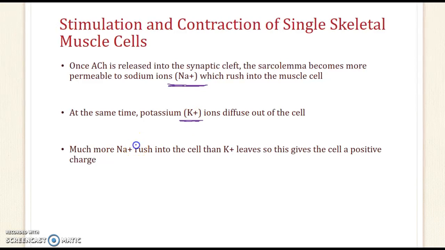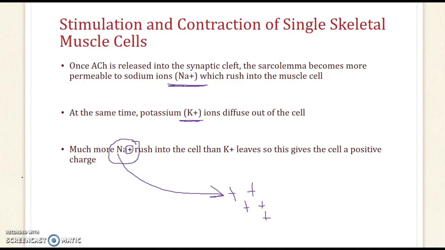But what happens is we have all of this sodium rush in, like a ton of sodium rush in. And what I want you to look at is this charge right here. That's a positive charge. So when you have all of these sodium ions rushing into the cell, you have all of these positive charges going in at once. And what happens is this now causes the entire cell to have a positive charge.